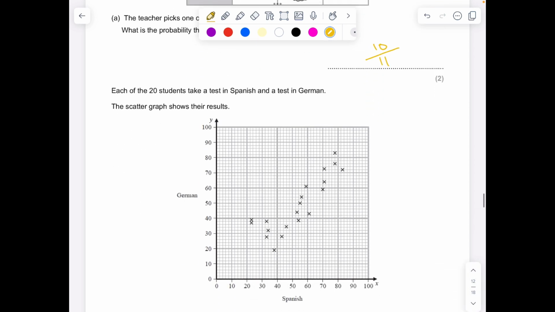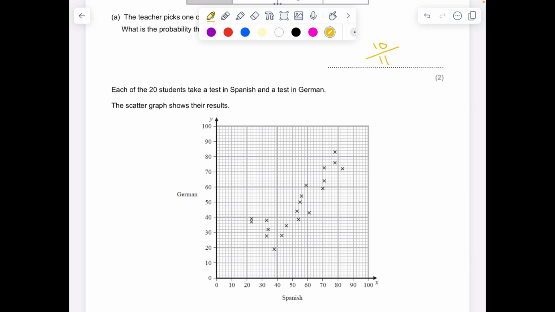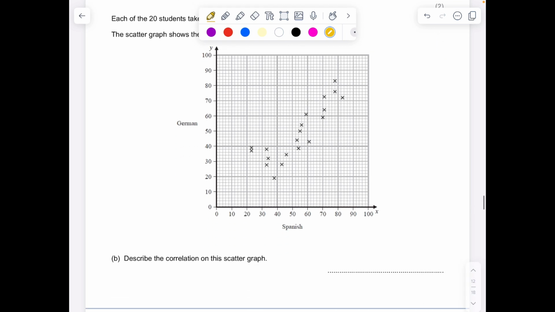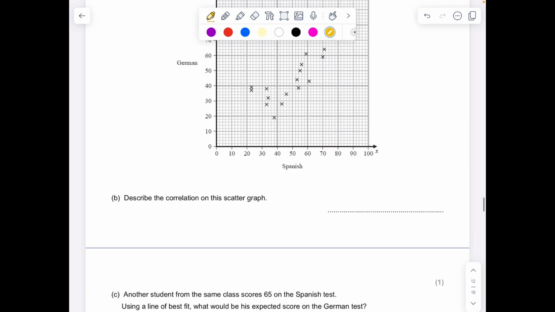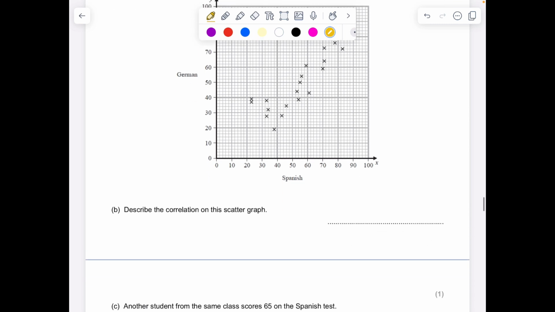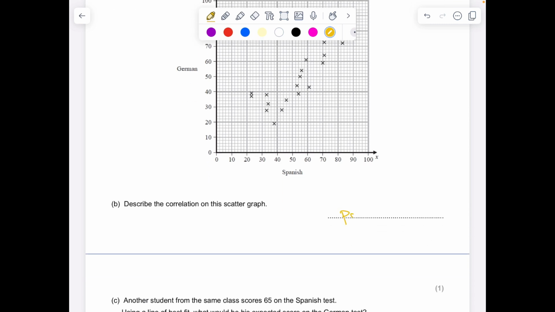Okay, each of the 20 students take a test in Spanish and a test in German. So here we have our scatter graph, and then we are going to describe the correlation. So we're just going to say it is a positive correlation.